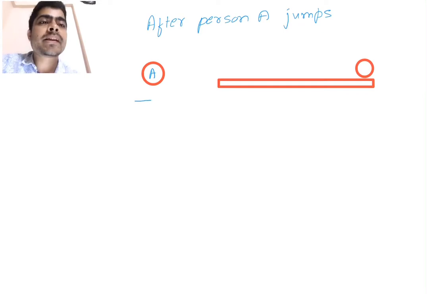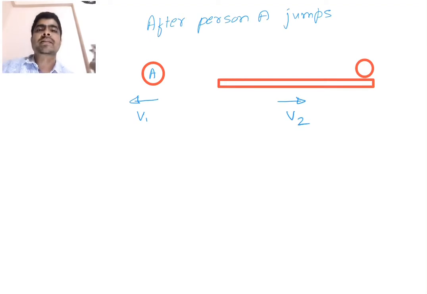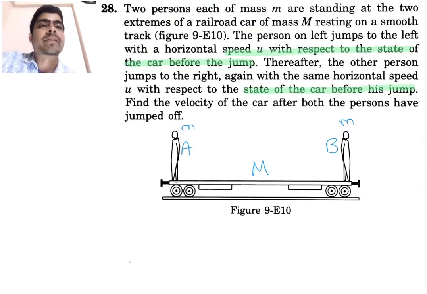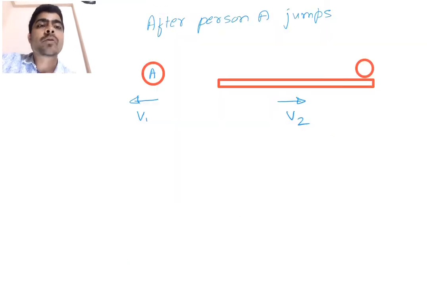So the person A has velocity v1 in this direction, and the car and the person B have velocity v2 in this direction. Right, now let's go back to the statement. What does it say? Speed u with respect to the state of the car before the jump. So before the jump, the car was at rest. Therefore, v1 is basically equal to u. Okay, v1 is equal to u.